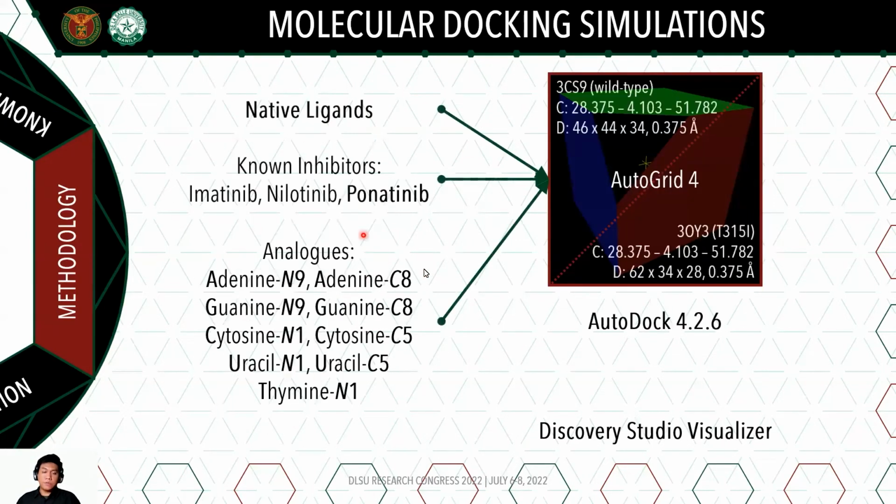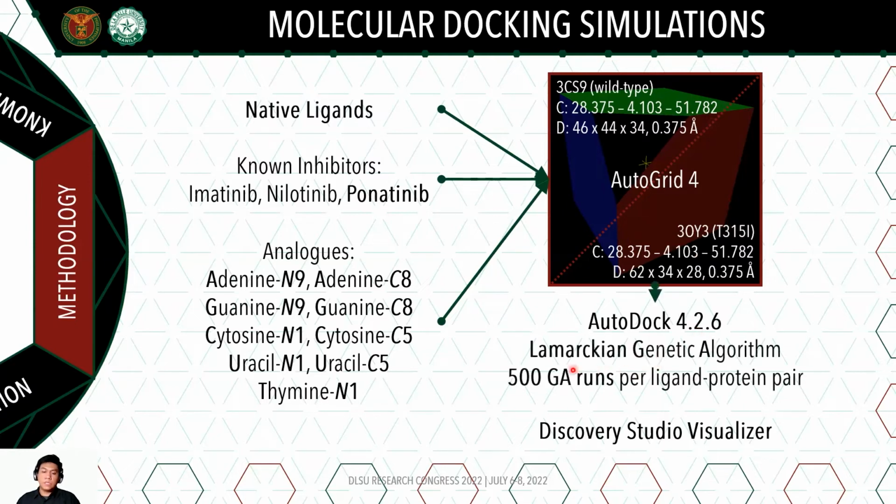All these ligands were subjected to molecular docking simulations towards the binding pockets of the two models using these grid parameters and these docking parameters. Out of the 500 produced conformations, we selected the one with the best energy, and the top conformer was subjected to binding interaction analysis in DSV.